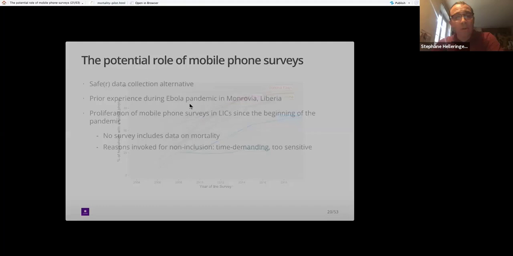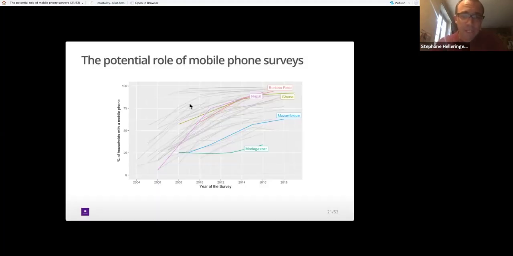Another reason for investigating the use of mobile phone surveys for collecting mortality data is the well-known rapid increase in access to mobile phones in low and middle-income countries. So here, I simply plotted trends in the proportion of households with a mobile phone in DHS surveys that have been conducted since 2000 and 2004.